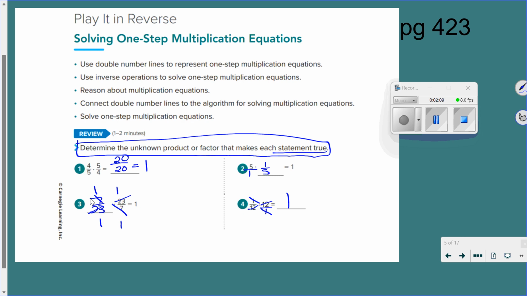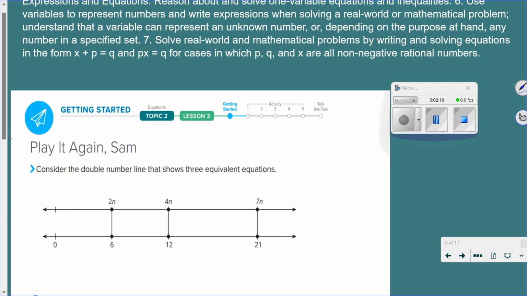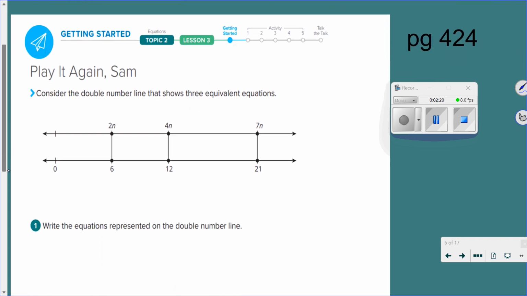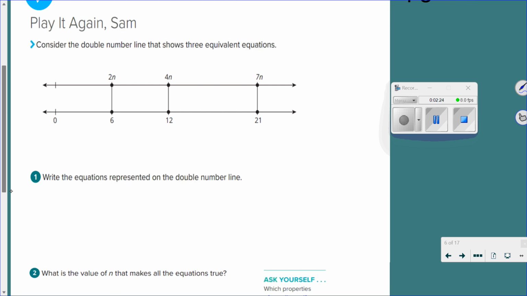We're going to review for a second. I don't like talking over people, guys. All right, this is exactly what we were doing last week. They give you 3 equivalent equations on the double number line.